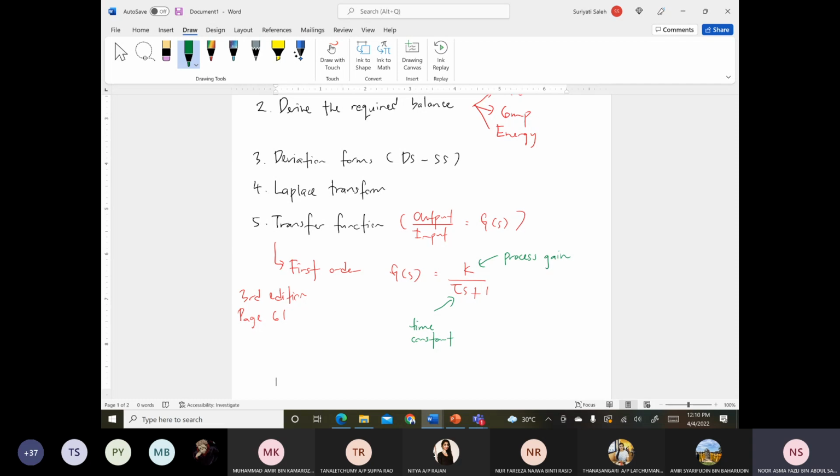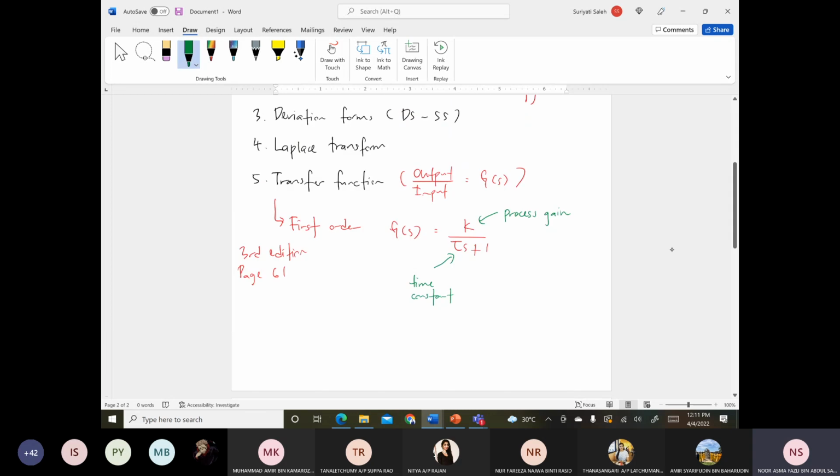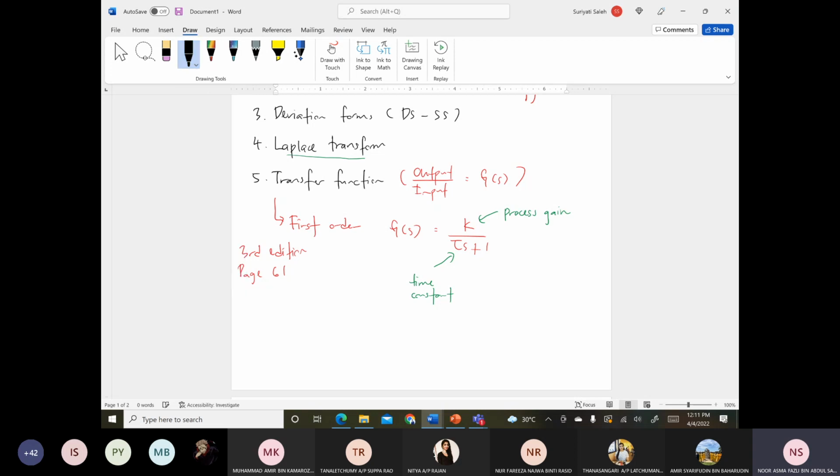Then you have the S, which is the Laplace variable, and plus 1 is the standard form for the first order transfer function. So why do we need to obtain the transfer function in the form of the first order? Remember that in this case, we already do the Laplace transform, and then we obtain the transfer function, and the next step is related to the inverse Laplace.